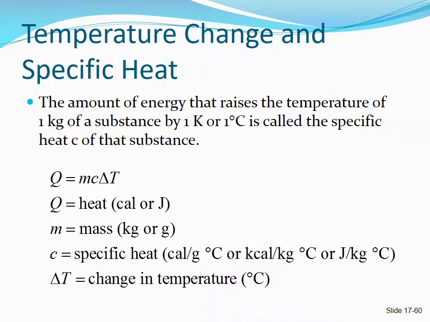The amount of energy that raises the temperature of 1 kilogram of a substance by 1 Kelvin or 1 degree Celsius is called the specific heat of that substance. Each material has a different specific heat.